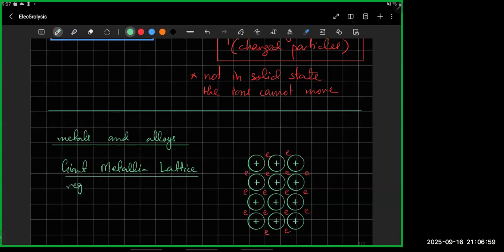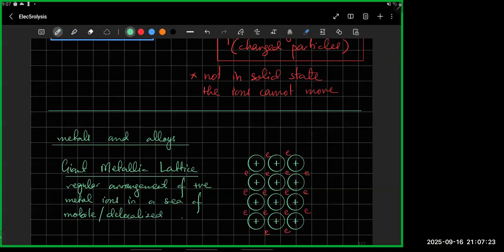It's a regular arrangement of positive metal ions in a sea of mobile, delocalized, free-moving electrons. That's a giant metallic lattice.